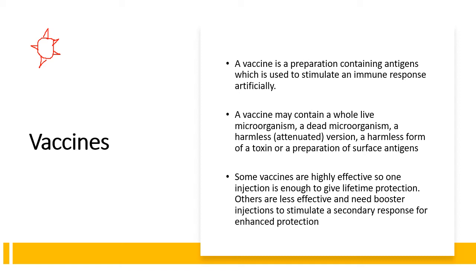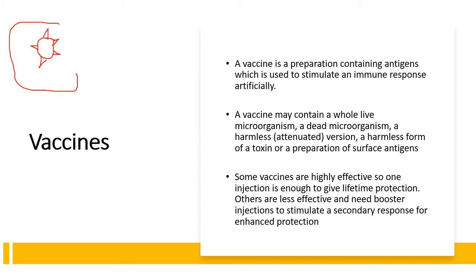So what this means is that a vaccine can be a live microorganism. It can also be a dead microorganism, which means that in this case, there is nothing inside of the spike, only just this shell is made. There is nothing on the inside, there is no DNA, there is no RNA.